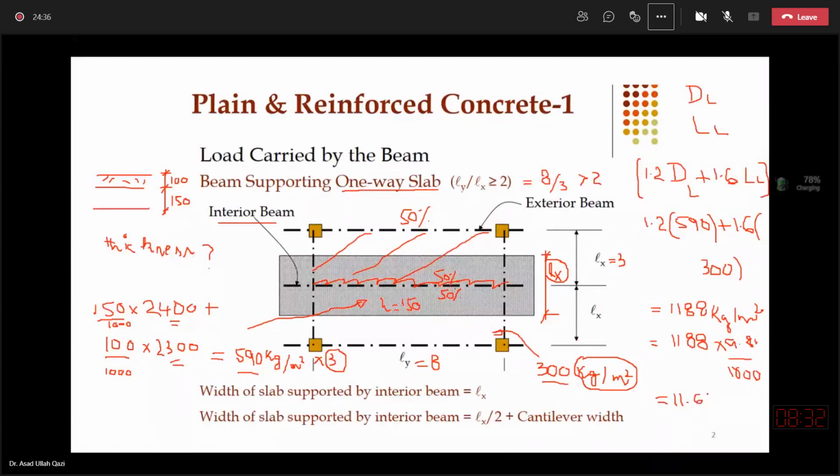Don't forget that this magnitude is very commonly calculated on slabs, 11 to 12 kilonewton per meter square.